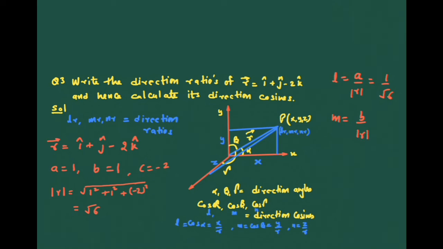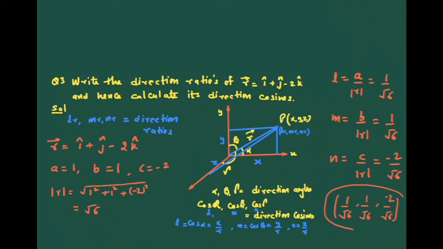Similarly, M is equal to B upon R, it is equal to 1 upon root 6, and N is equal to C upon mod R, it is equal to minus 2 upon root 6. So direction cosines are 1 by root 6, 1 by root 6 and minus 2 by root 6. So these are direction cosines.